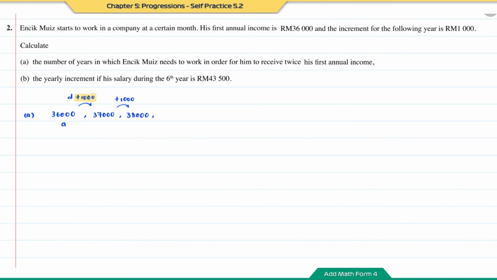The question asks to find the number of years, which is n, the number of terms, for Encik Muiz to receive twice his first annual income. Twice his first annual income is 36,000 times 2, which equals 72,000.